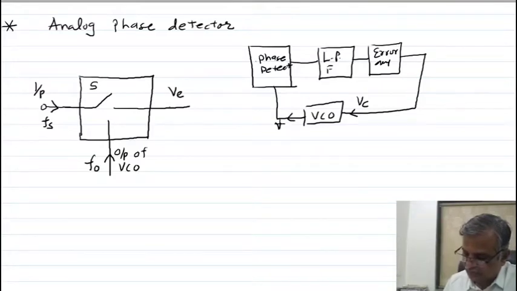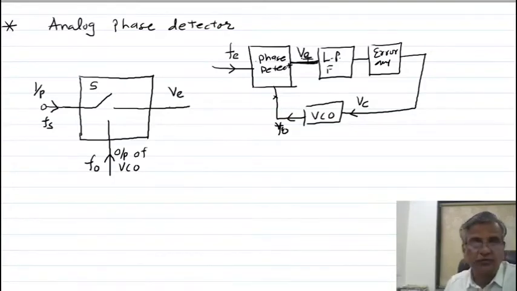This is FO, this is the input signal FS, and this will give some output, the error voltage VE.